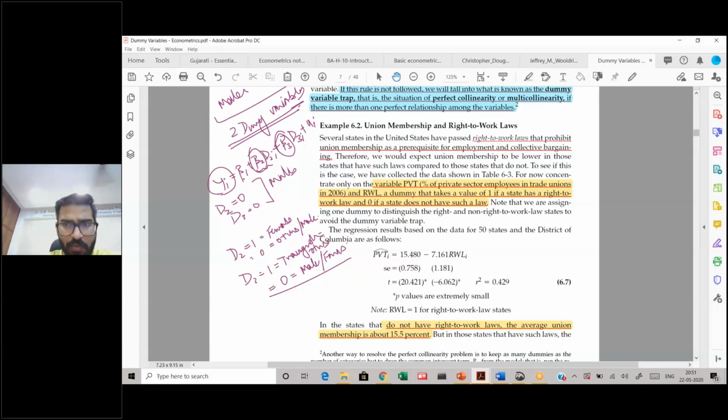So we have divided these states into two parts: labor laws, yes; labor laws, no. If a particular state has right to work laws, so if it's yes, we are putting it as 1; if it's no, we are putting it as 0.